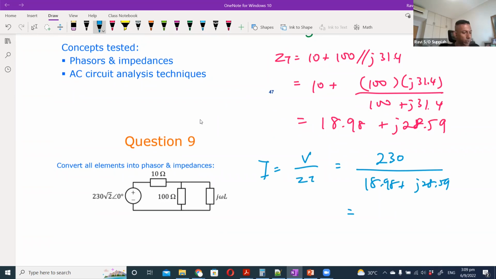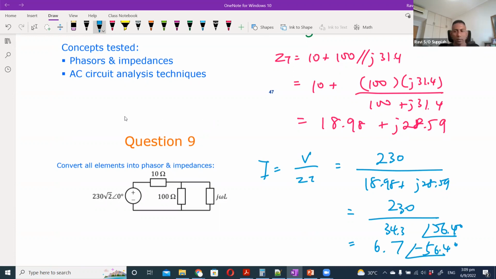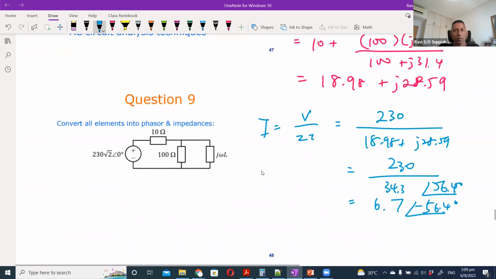Since it is a division, you can convert it here. So you get 6.7 angle negative 56.4 degrees. So the actual current is this.